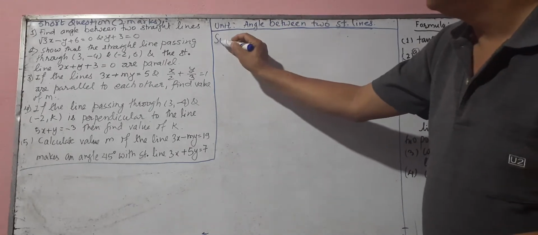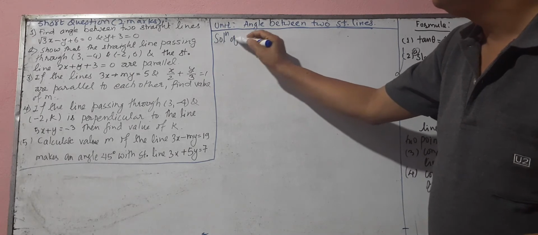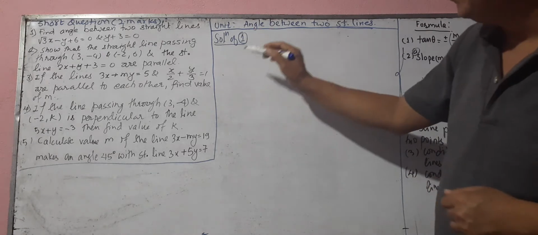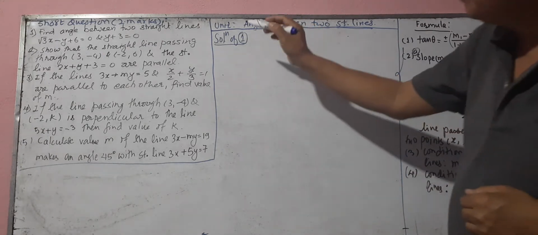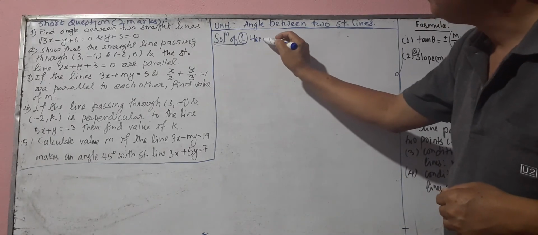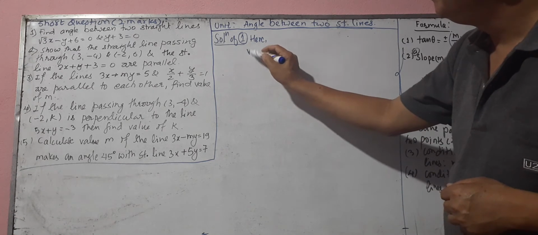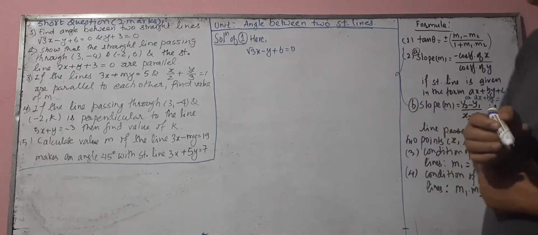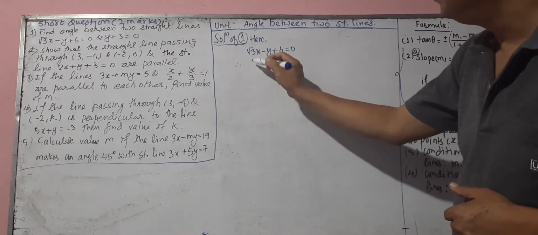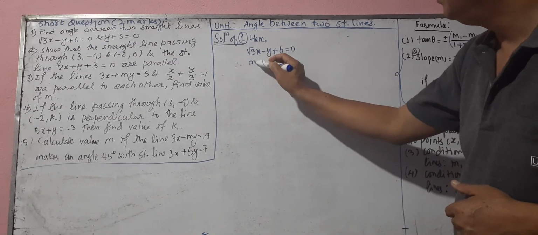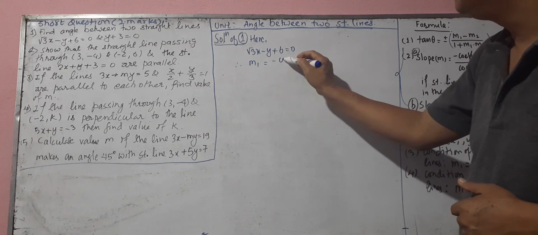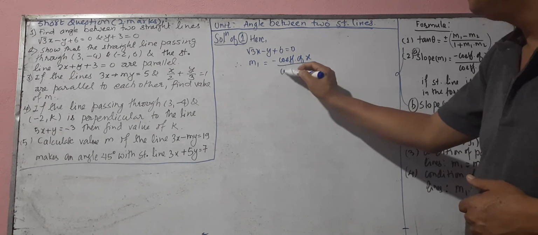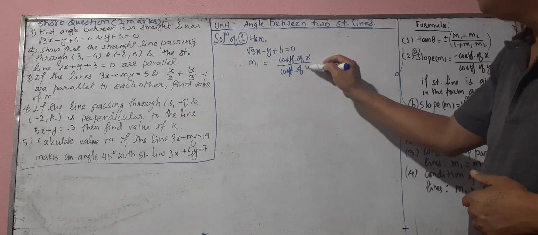Starting from question number 1, solution of 1. First of all, writing down the question. The equations are root 3x minus y plus 6 equals 0. Therefore, the slope of this line, say m1, equals minus coefficient of x divided by coefficient of y.